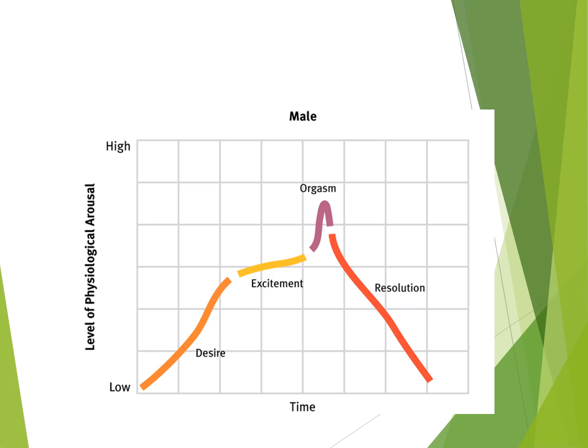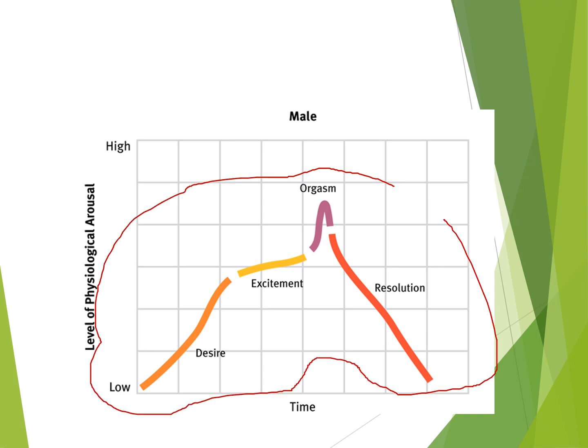Now, again, just before we look at each of them, this sketch here just explains how males go through these phases, beginning at nothing, and then the desire comes in, then the excitement, then we have the plateau, and then they have their orgasm, and after their orgasm, they resolve, and they go to the resting state.